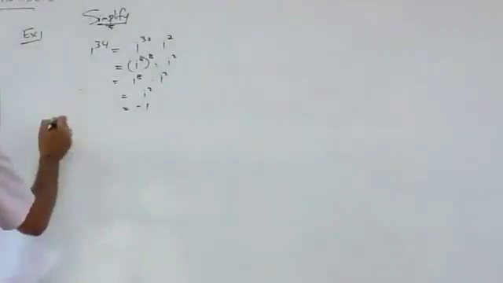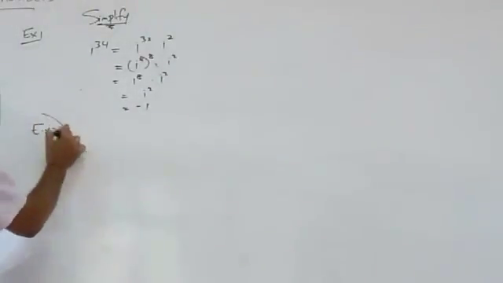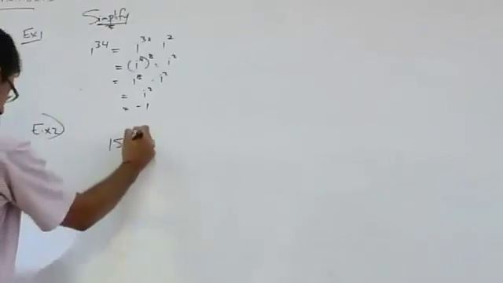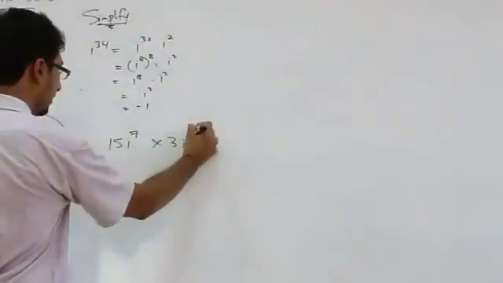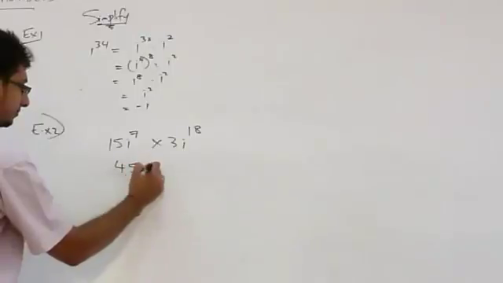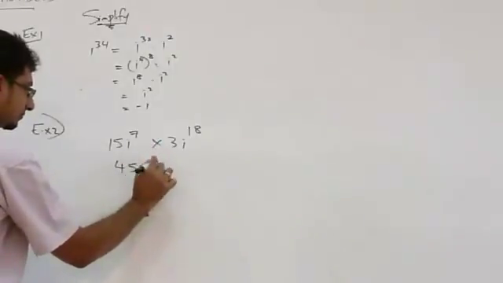Okay, we have a look at the second example. 15 i⁷ times 3 i¹⁸. So you do 15 times 3 first, you get 45. Okay, i⁷ times i¹⁸, you add the powers of indices.